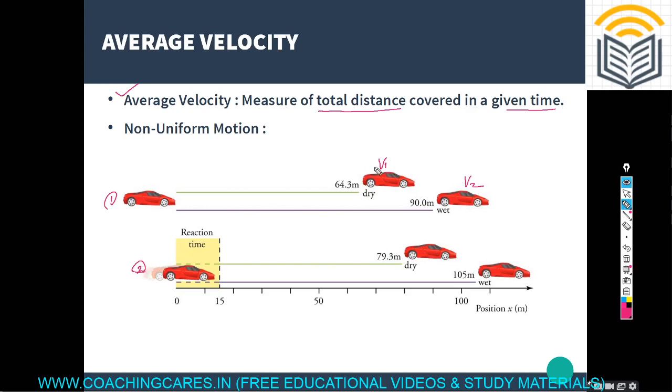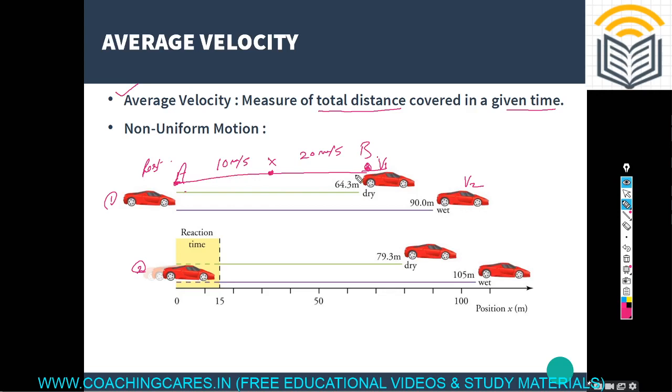In case 1, V1 is the velocity starting from rest, the car increasing its speed, moving from point A and reaching point B. Suppose in between there is a point X. From A to X its velocity is say 10 meter per second, and from X to the last position B, it is reaching 20 meter per second.